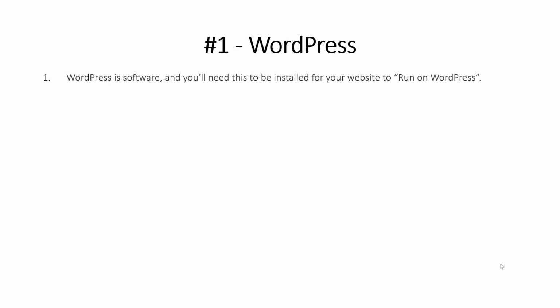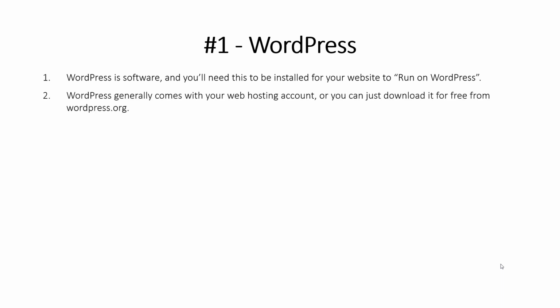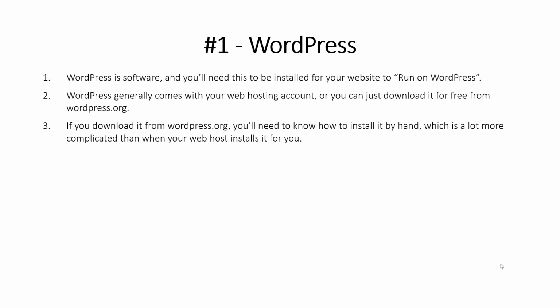Okay, so WordPress. WordPress is software and you'll need this to be installed for your website to run on WordPress. WordPress generally comes with your web hosting account, or you can just download it for free from wordpress.org. If you download it from wordpress.org, you'll need to know how to install it by hand, which is a lot more complicated than when your web host installs it for you.